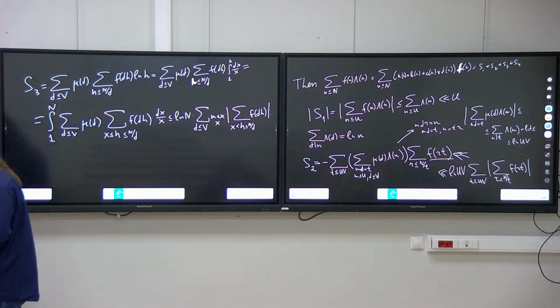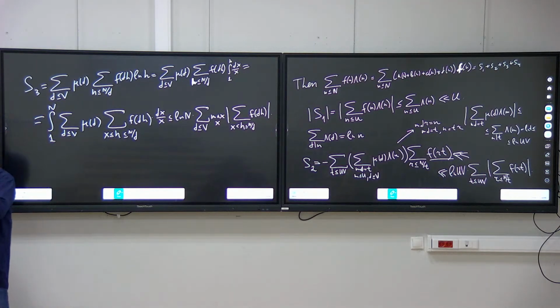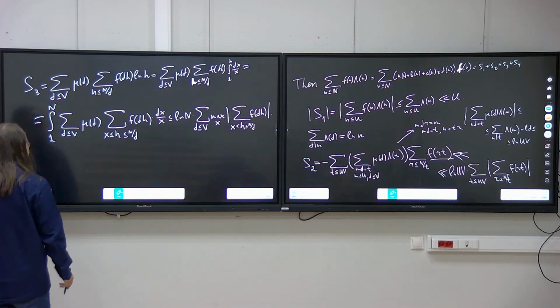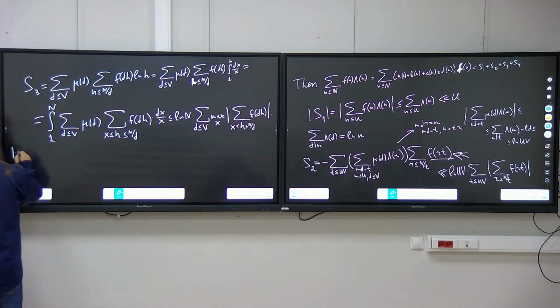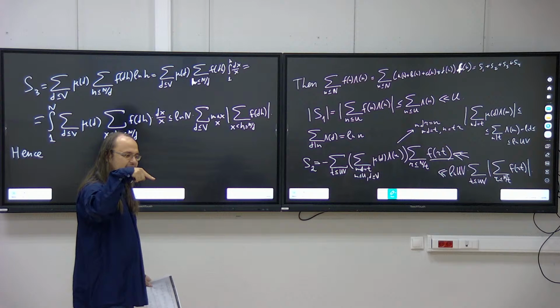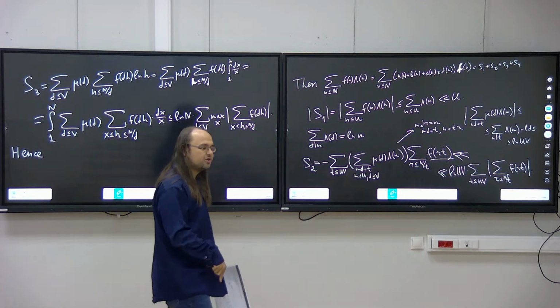Okay, so if you group this stuff together, you are going to get the following estimate. This concludes the estimation of two linear sums and one short sum.